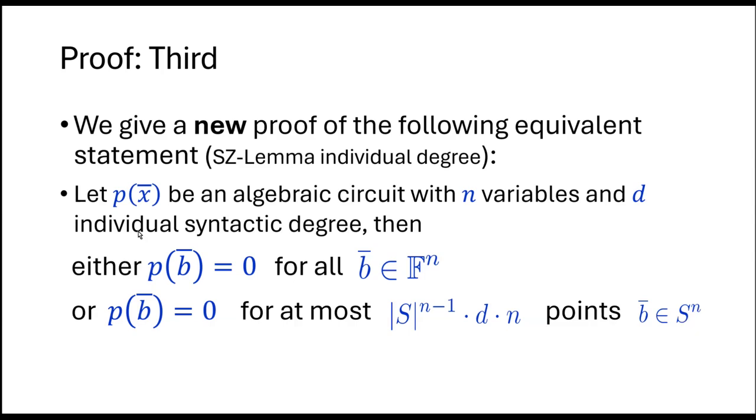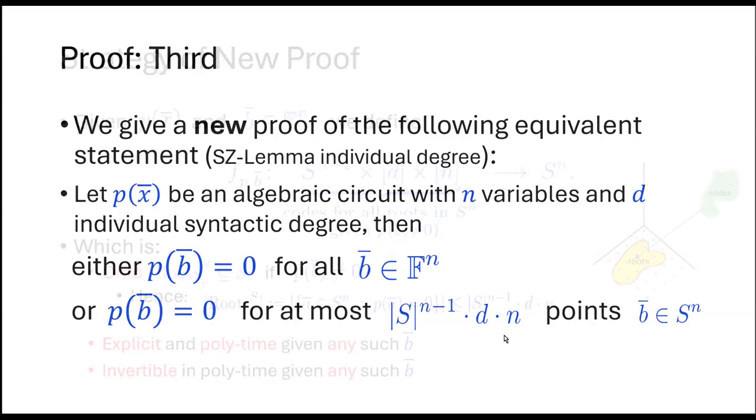So either the polynomial is 0 everywhere, or the number of roots in the cube, over this finite S, is bounded by this number: size of S to the n minus 1, times d times n.